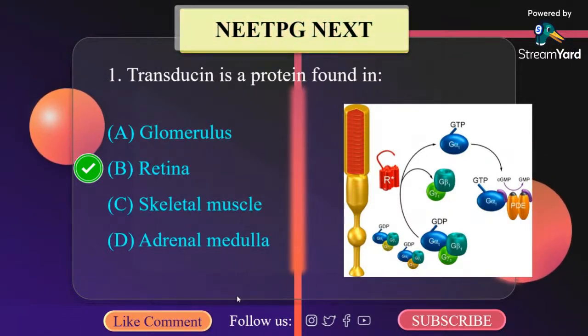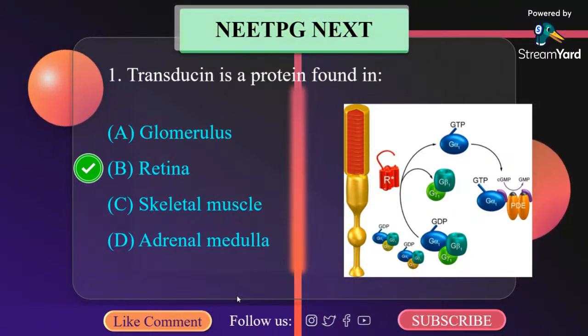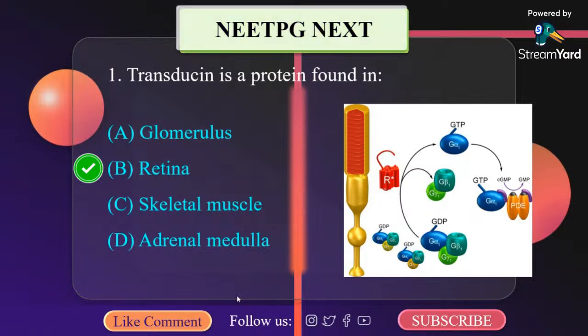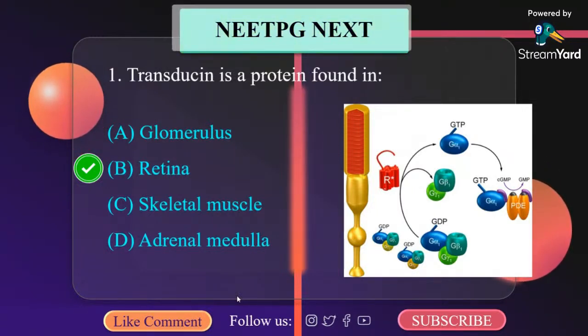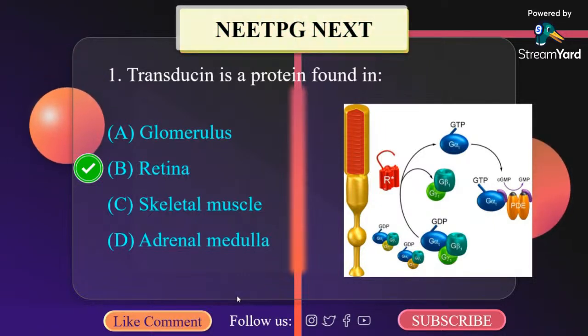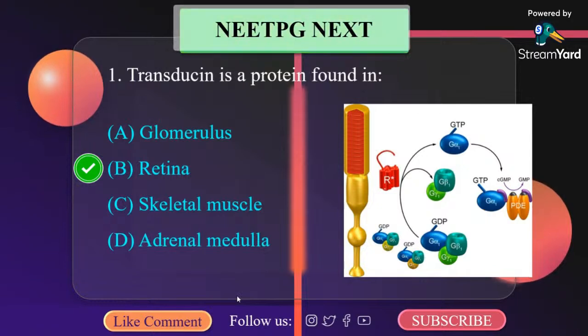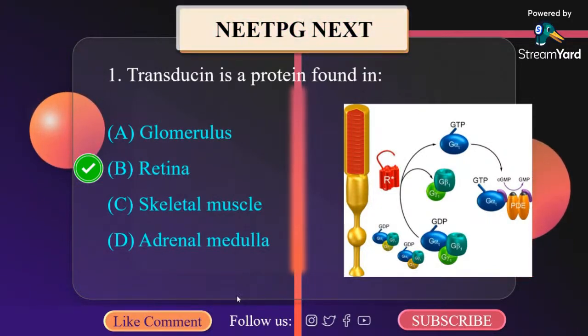What more things do you know about transducin? This transducin is a heterotrimeric G protein that is naturally expressed in the retina rods and cones. Heterotrimeric means alpha, beta, gamma subunits are all present.